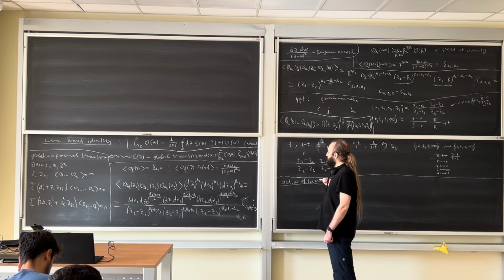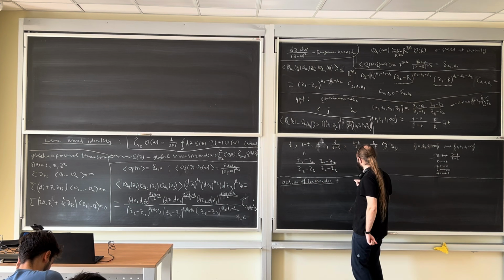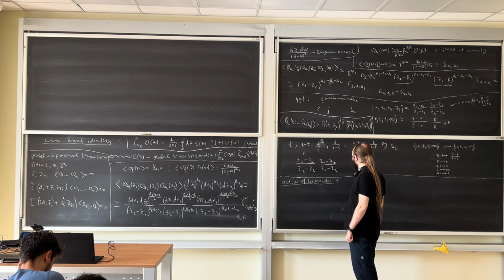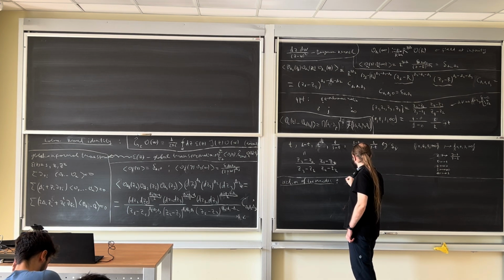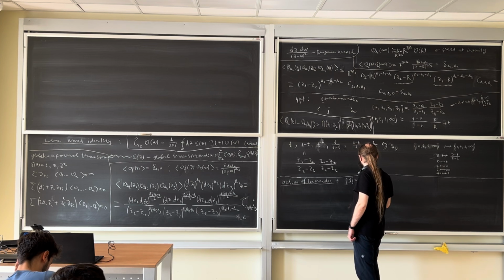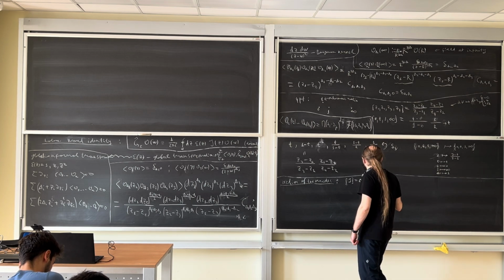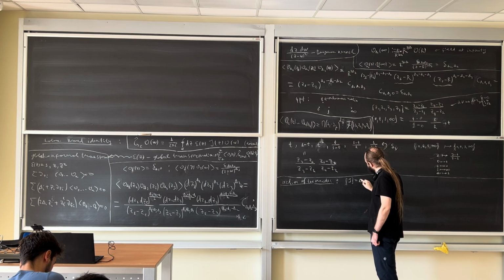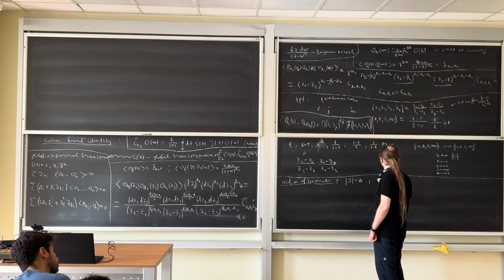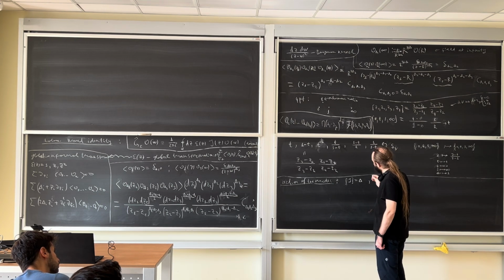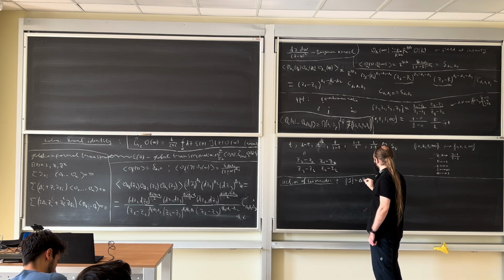So suppose that a field J has dimension delta. And this dimension usually is an integer.